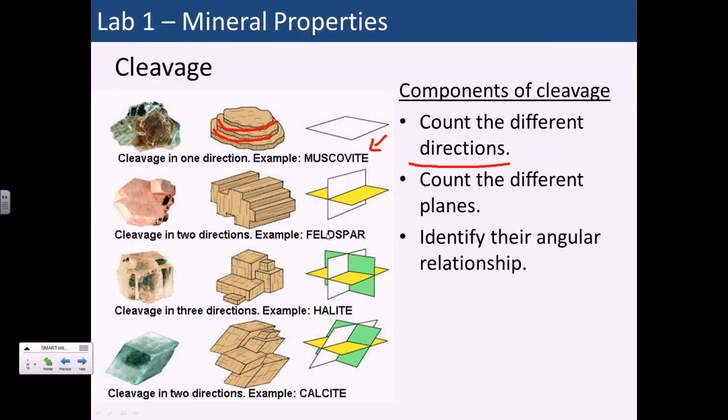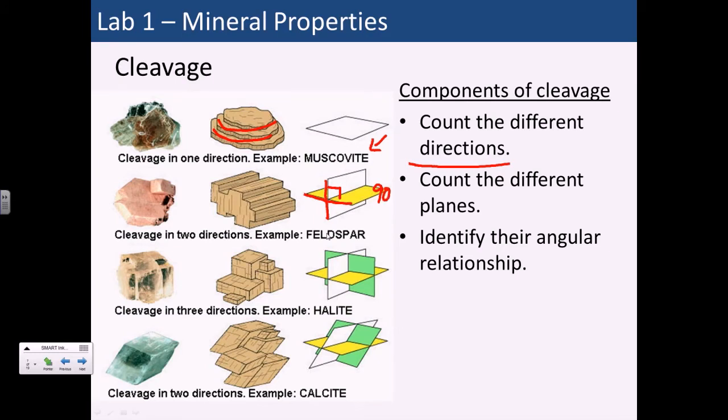In some cases, we can add a second layer, and if I move down one, we've got one direction that's vertical and one that's horizontal in this case. And once we have more than one, we need to define the angle between those planes. In this case, the angle is at 90 degrees. Okay?